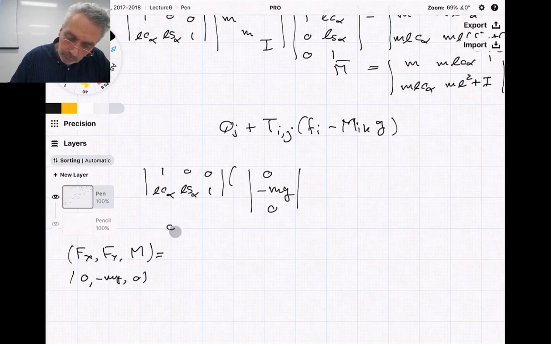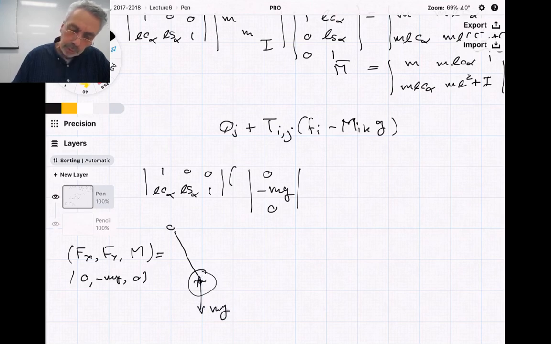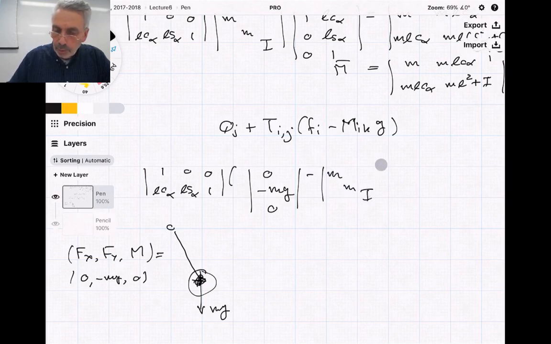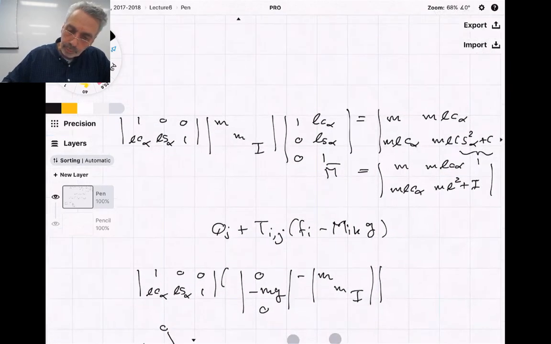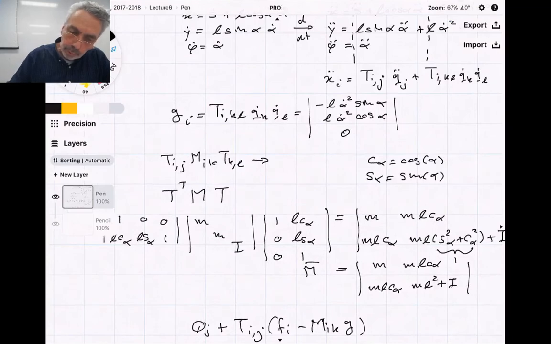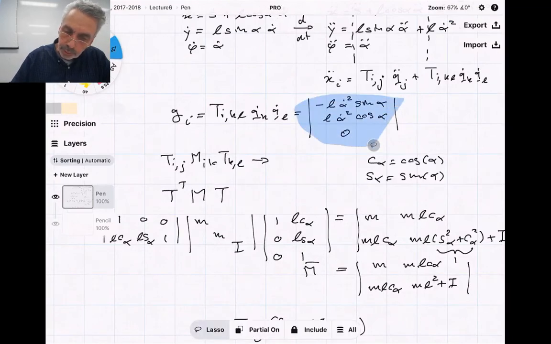Well, we can still draw a small picture. Why not? Here's the center of mass, and here we have mg. So apparently nothing in the horizontal, only in the vertical, and no torque at the CM. Then, so that is that guy. Then we have minus the mass matrix, MMI, times the convective terms. And those were these guys.